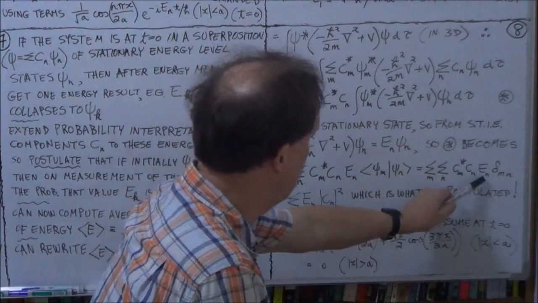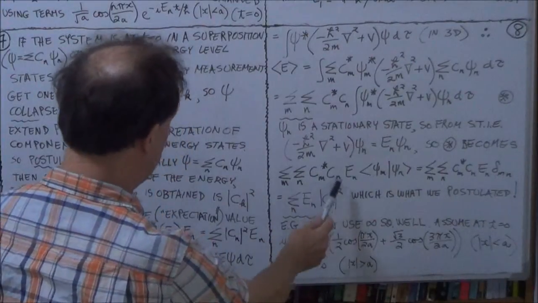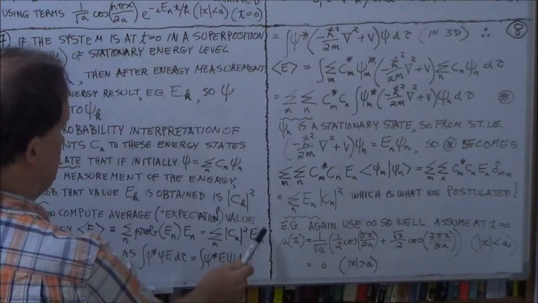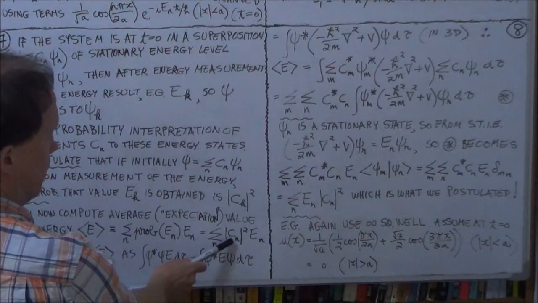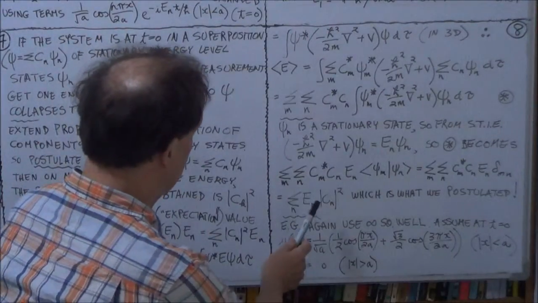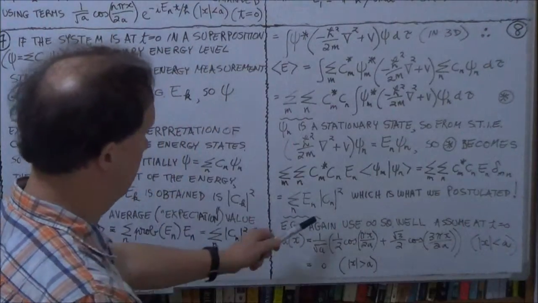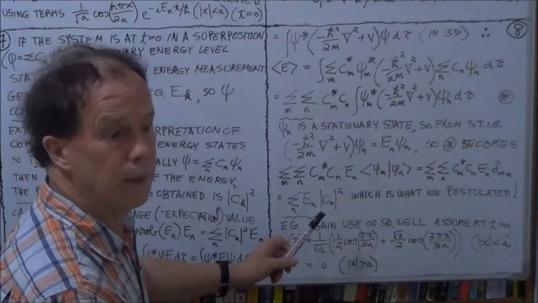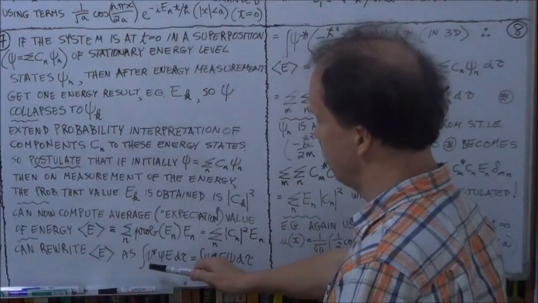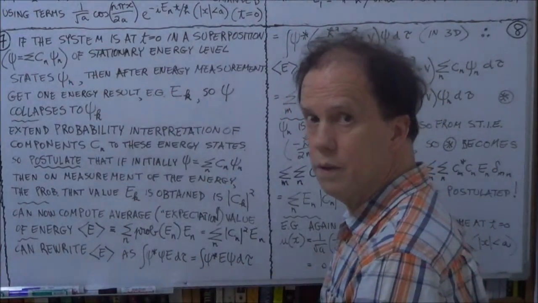And En. Have a look, that is this. This is what we expected from statistics. If you interpret the Cn squared as a probability, here now we've got the same expression that results from finding the average energy using solutions, these wave functions, to the Schrodinger equation.